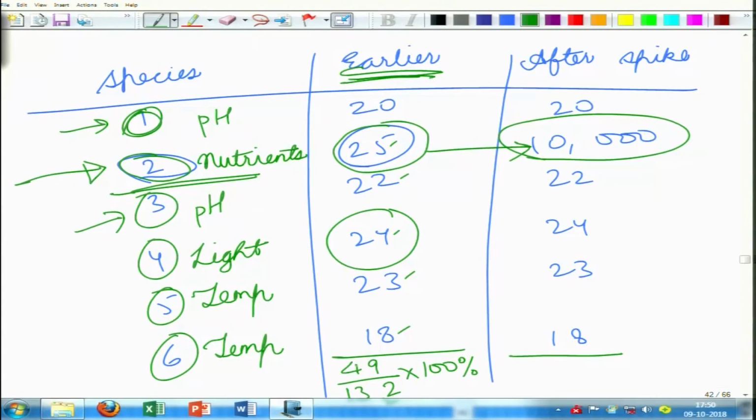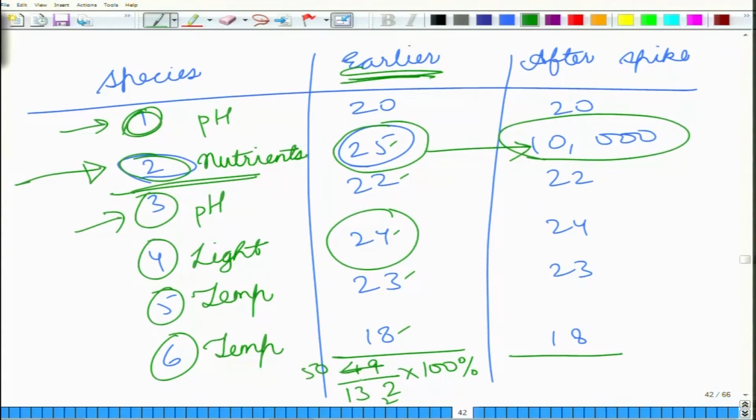So, we can say that this is around 50, this is say around 150. So, this will become close to around 33%. So, this is the community dominance index that we had in the lake beforehand. But then after the spike, you have this value, that is 10,000, and the second most abundant is 24.